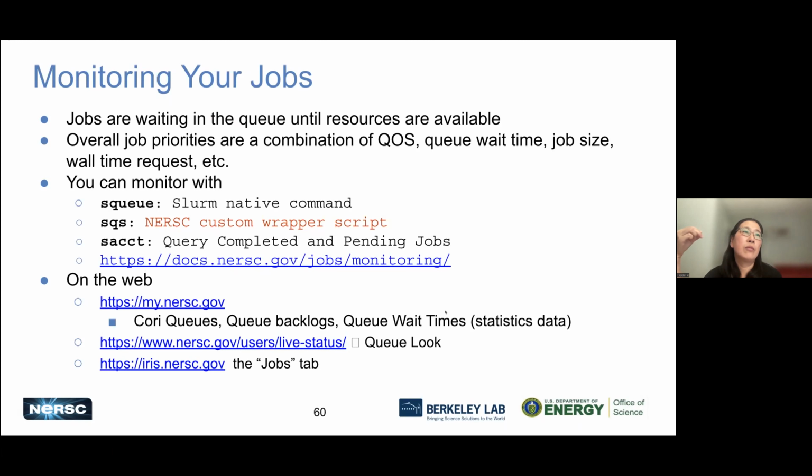So for example, for a job asking for 2 nodes for 24 hours, what is the historical average wait time over the past months? And you can see live status here as well. This live status is not the queue look, this is the MOTD.